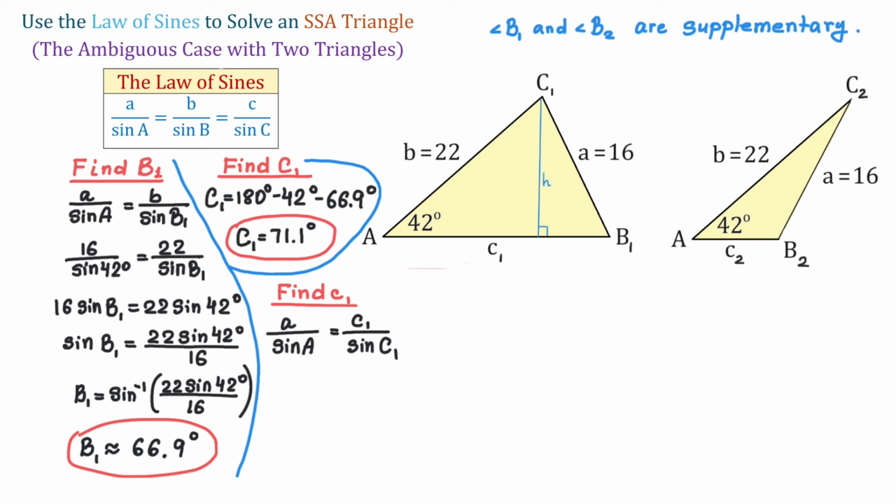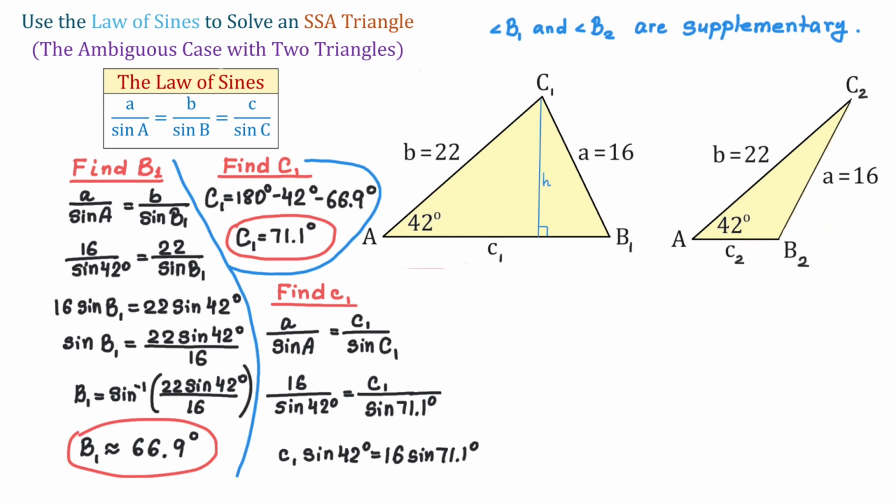Then we will replace and we will have 16 over sine of 42 degrees equals c sub 1 over sine of 71.1 degrees. Then using cross multiplying, we will have c sub 1 times sine of 42 degrees equals 16 times sine of 71.1.